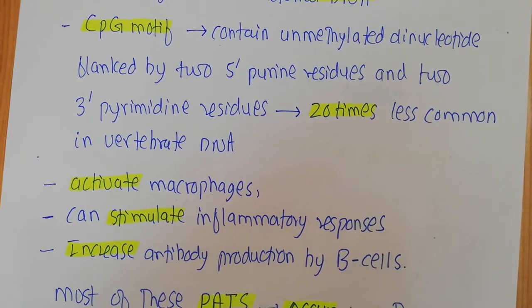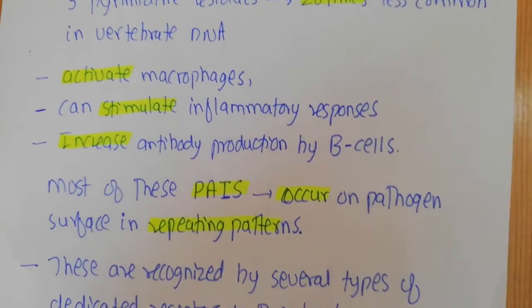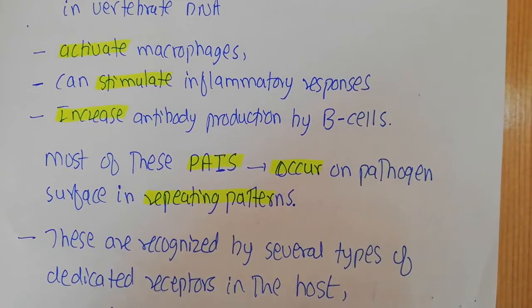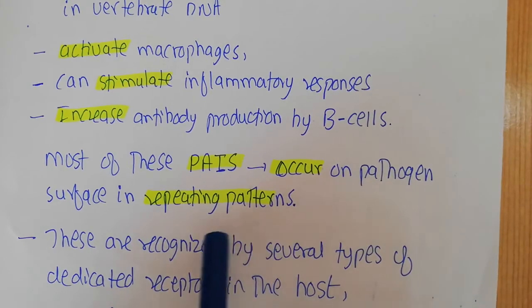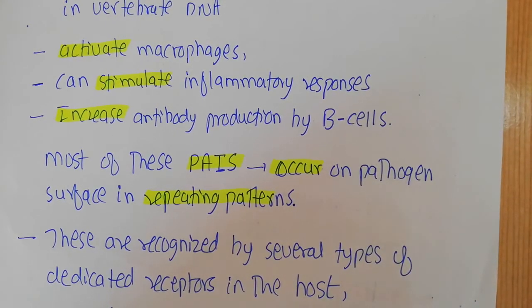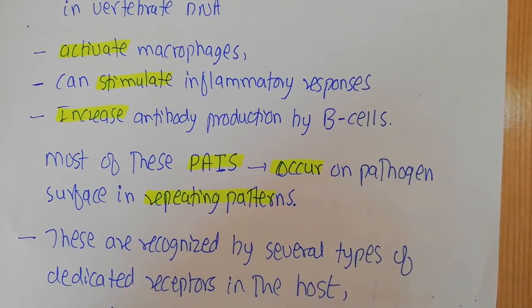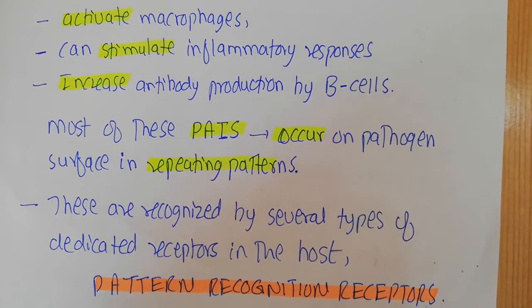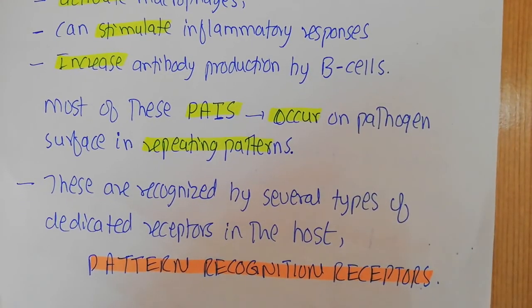Now most of these pathogen associated immunostimulants occur on the pathogen surface in repeating patterns. When they occur in repeating patterns on the surface of the pathogens, they are easily recognized by the innate immune system. Now, if these pathogen associated immunostimulants are present on the surface of these pathogens, what does the host do against them?